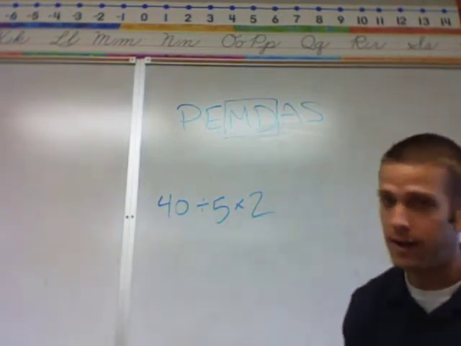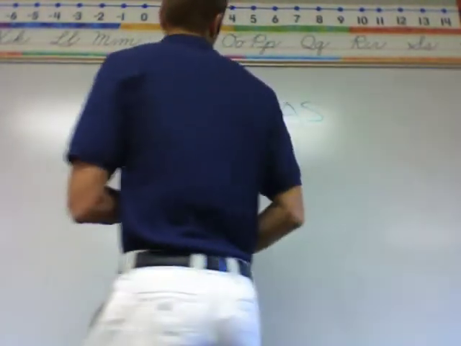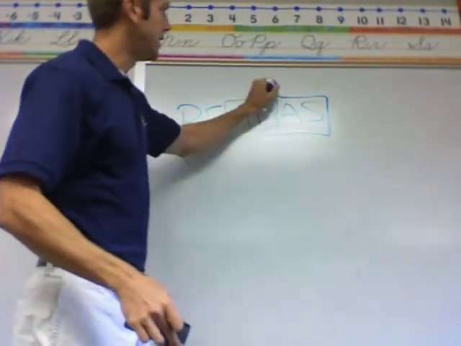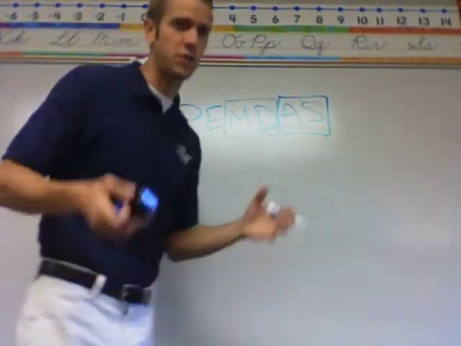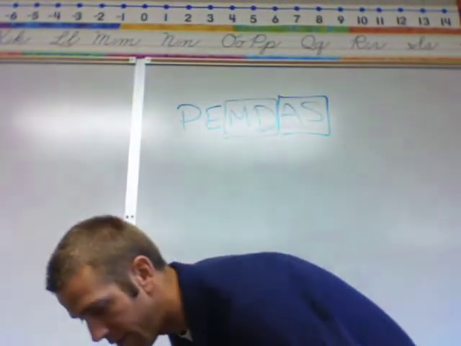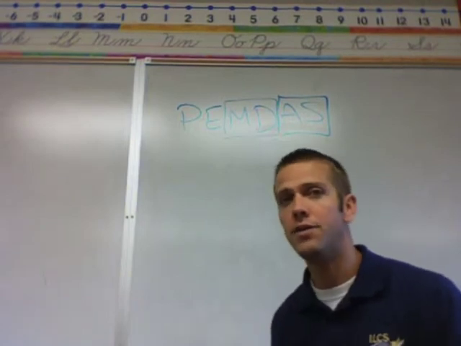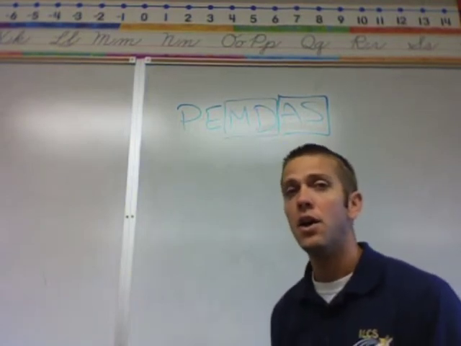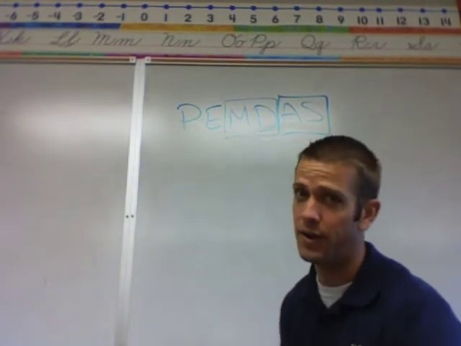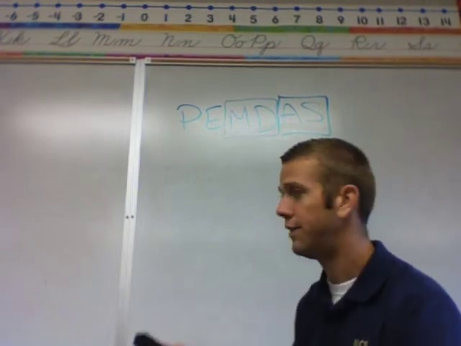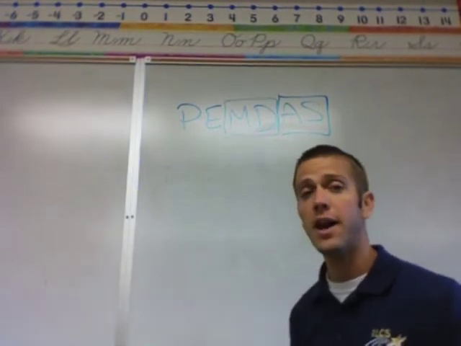In the same way, the A and the S also are interchangeable. So if you have a problem that has adding and subtracting, there's no parentheses involved to distract you, you could do the subtracting first and then the adding. Or if it's left to right and the adding's first, you do the adding first.